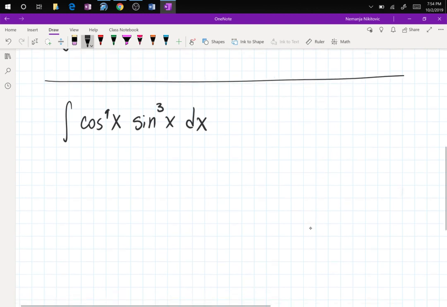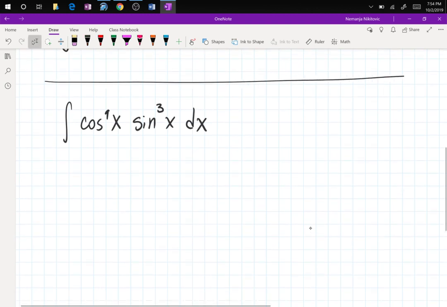So that's the type of thinking that you need to adopt to survive the entire section and the next section, which is trig substitution. So you're looking at this and you say, I can deal with the cosine to the 9 with a single sine.